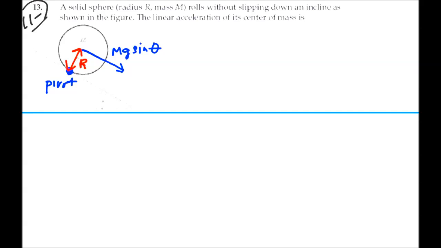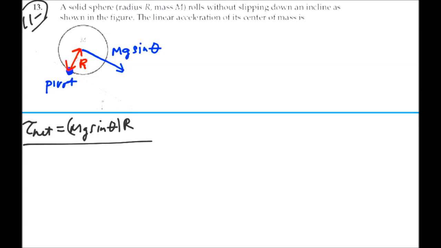So our net torque about this object is equal to that force times that moment arm, which is mg sine theta times r. That is our net torque about the pivot point.